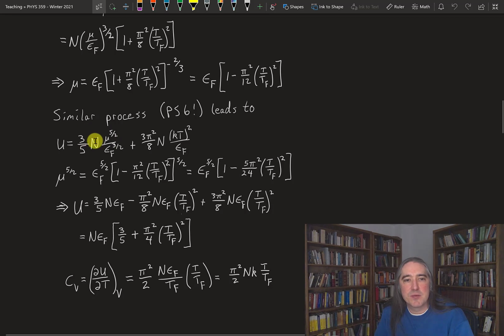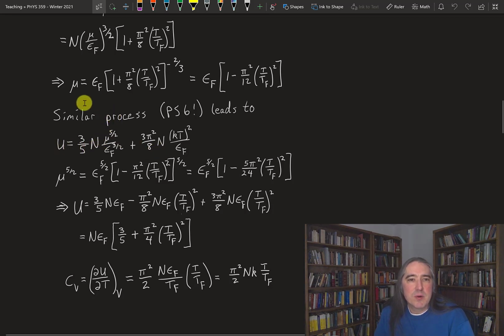Then this reduces down to 3/5 n times E Fermi, which is what we know we should get at T equals 0. And then we get our non-zero temperature correction. So this is just what comes out of doing the integral. Like I said, you'll get to do this yourself.